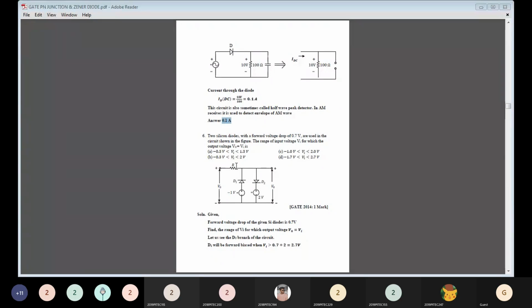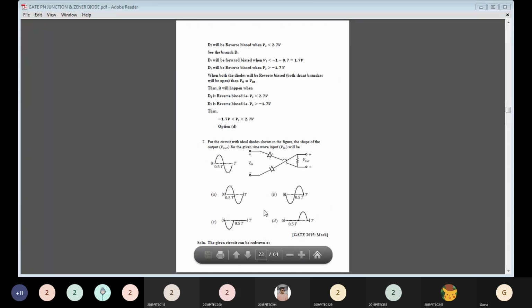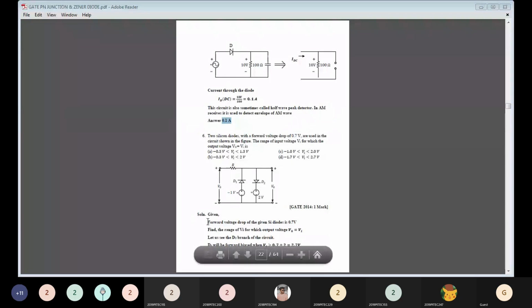Next, two silicon diodes with a forward voltage drop of 0.7 volt are used in the circuit as shown in the figure. The range of the input voltage for which the output voltage V0 is equal to Vi is. The given data is that the forward voltage drop of the silicon diode is 0.7 volt.